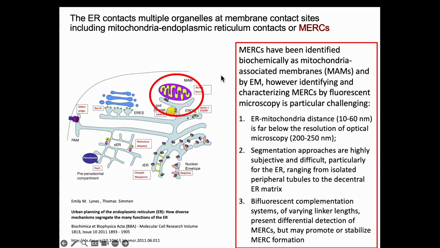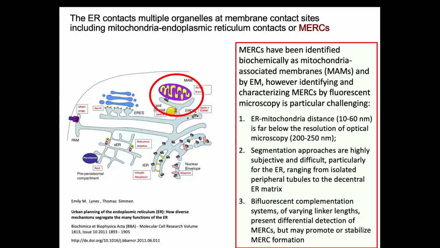However, really identifying what these MERCs are by fluorescent microscopy is challenging. EM is great, but fluorescent microscopy can be difficult, particularly because the distance between these two organelles, about 10 to 60, maybe 80 nanometers, is far below the resolution of optical microscopy and even below the resolution of 3D super resolution microscopy.